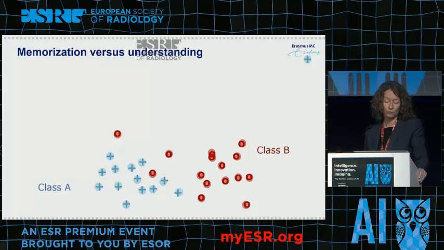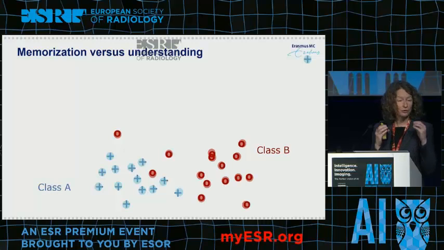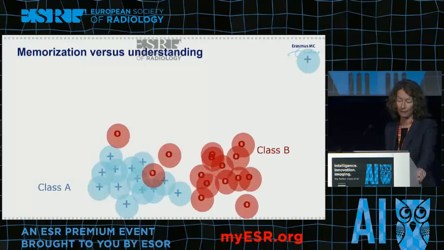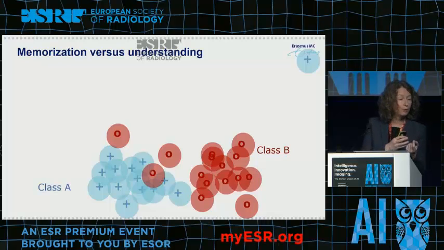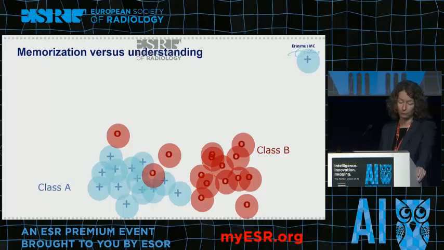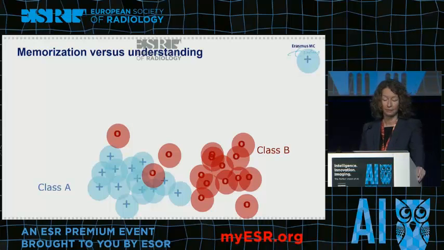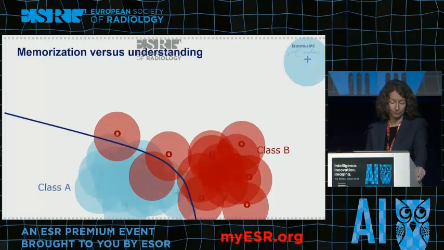If we, for instance, compare this classifier, which can perfectly reproduce the training data or classify points that are really close to the training data, but it's unpredictable everywhere else, with this one, that uses the assumption that points in the neighborhood of our training data probably have the same class, so the neighborhood of blue should be blue, the neighborhood of red should be red, we may expect this algorithm to perform better on unseen data, or even this one.